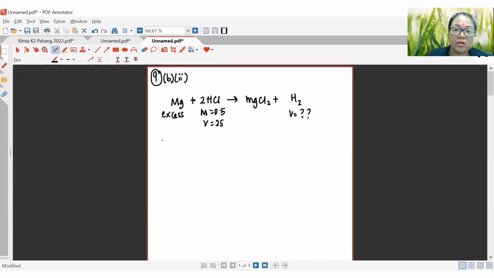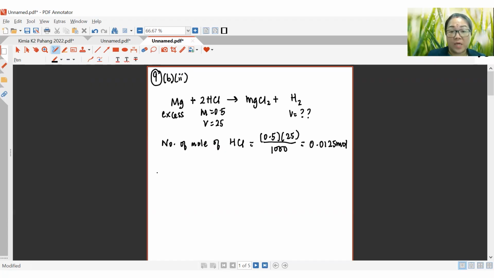First step is calculate the number of mole of acid, which is MV over 1000. 0.5 times 25 divided by 1000 gives 0.0125 mole.